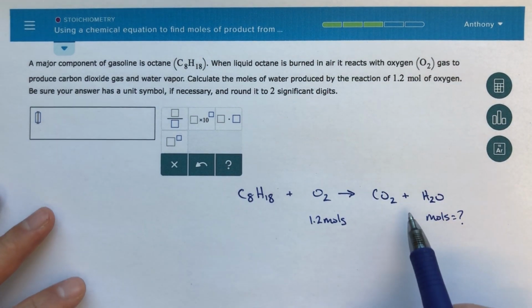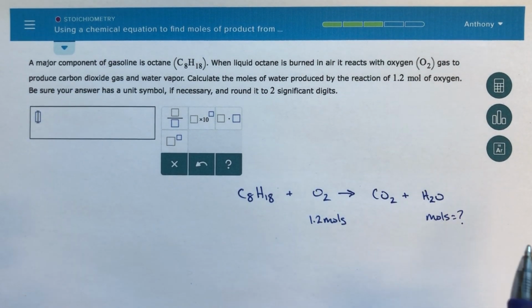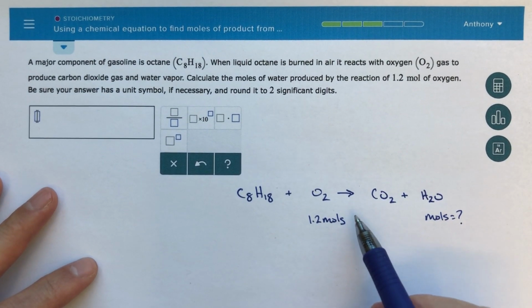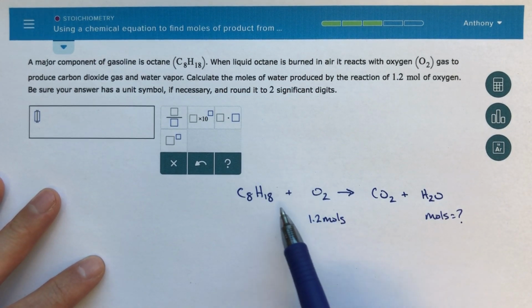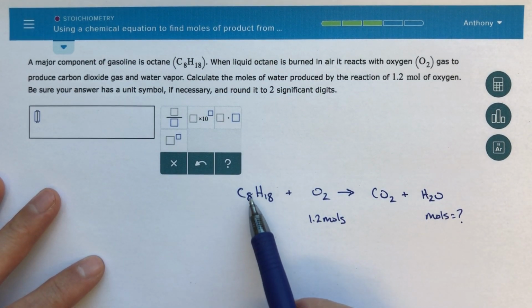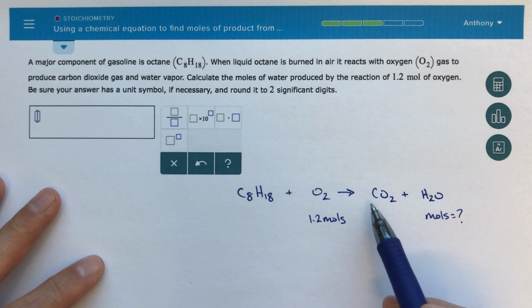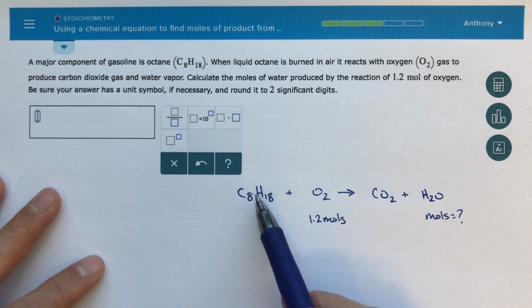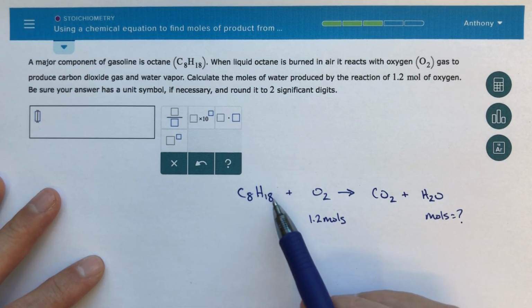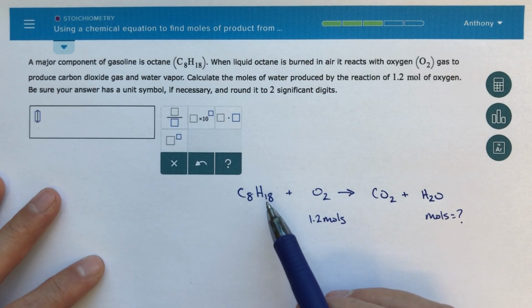So when I'm balancing this chemical reaction, there are a number of strategies that you can go through to balance it. This one's definitely much more challenging. I might look at the carbon first and say there's 8 carbons here, there's only 1 carbon here, so I might need to put an 8 here. But I know a trick for these. If I look at this hydrogen, I'm going to need an even number of hydrogens.